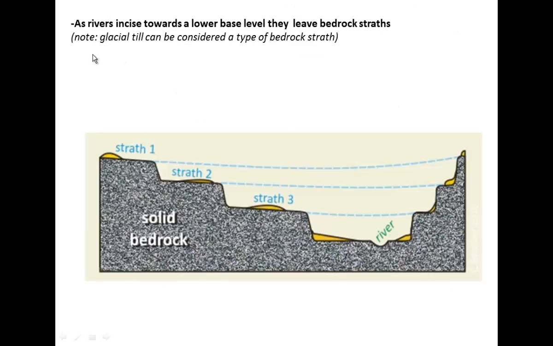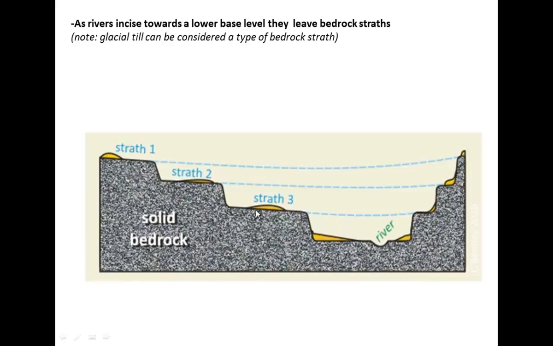Another feature we'll see a lot of are river terraces, and these can sometimes be called bedrock straths. As rivers cut down vertically towards a new base level, they will often erode a flat area that's the bottom of the active river channel. Then when they cut down again, they'll abandon the bottom of their river channel and they'll carve a new bench or a new strath.